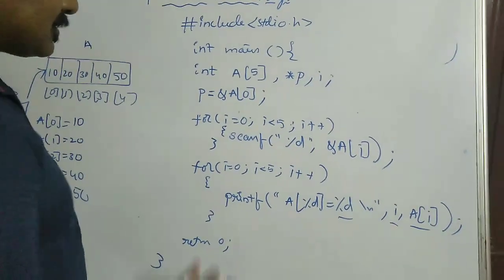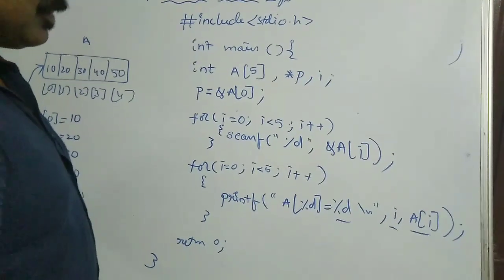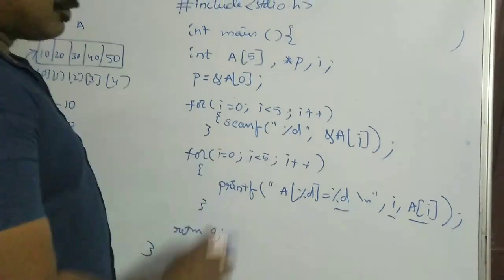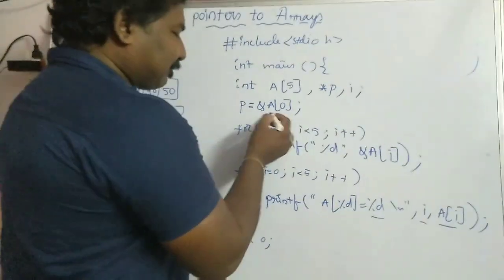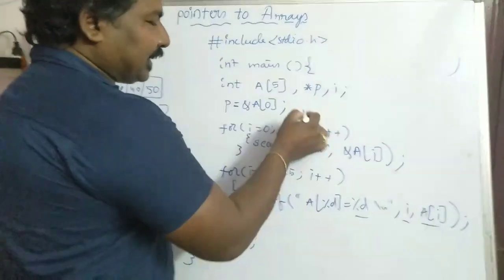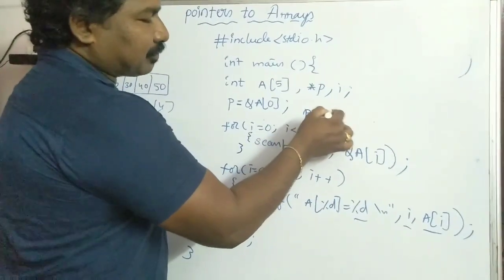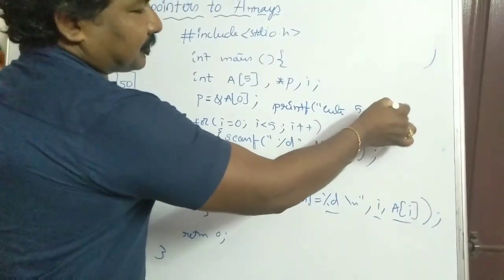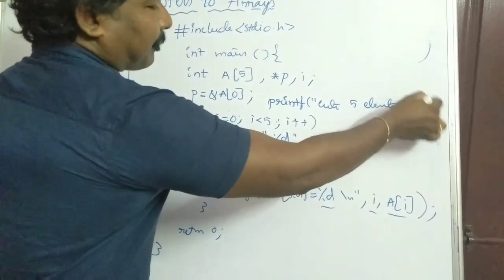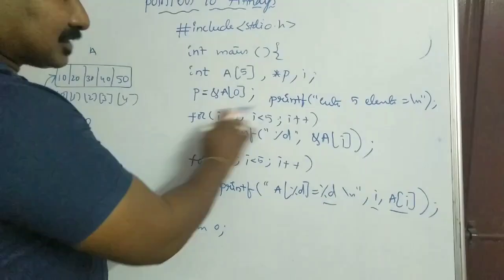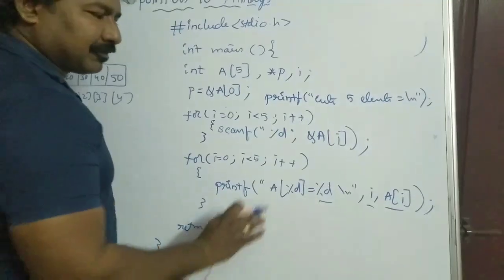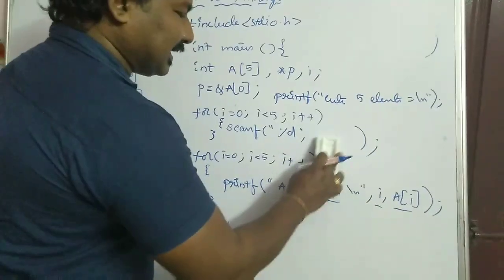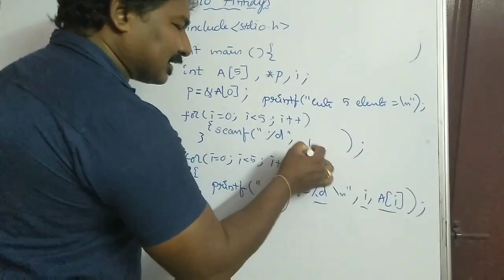Okay friends, so what is the use of this p? You can use this p to read your values. How can I read the values? For example, you can write the previous statement, that is a printf, enter 5 elements. Then the same for loop with the scanf, but instead of address of A of i, I can write p plus i.